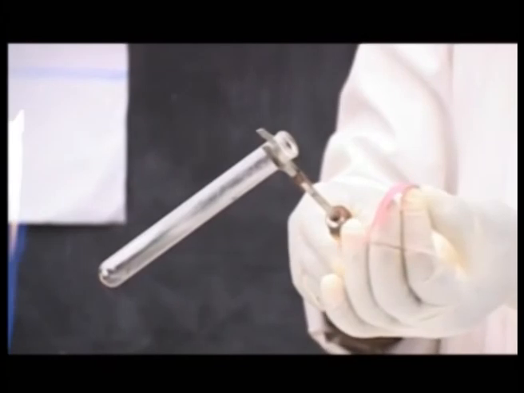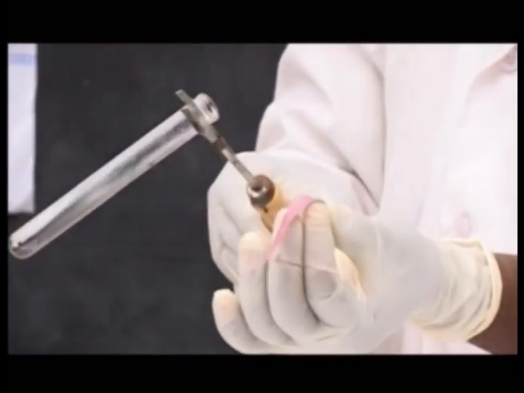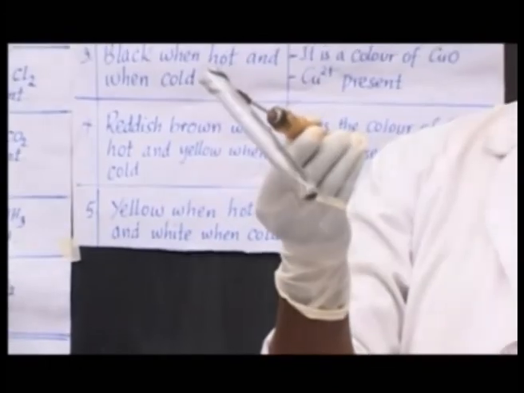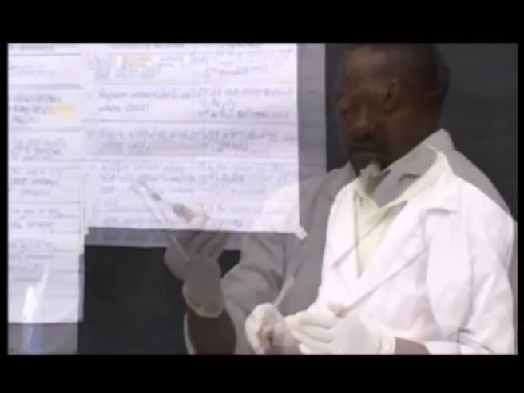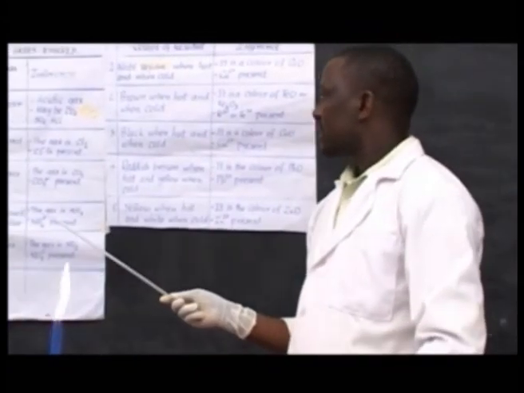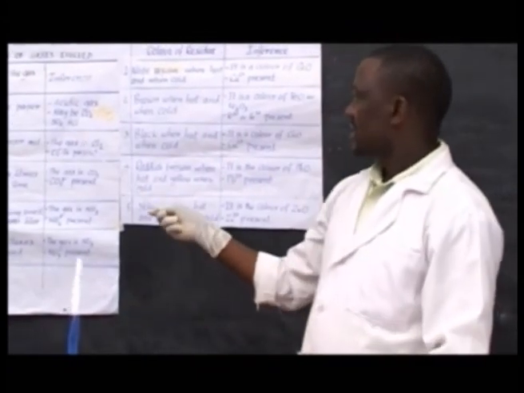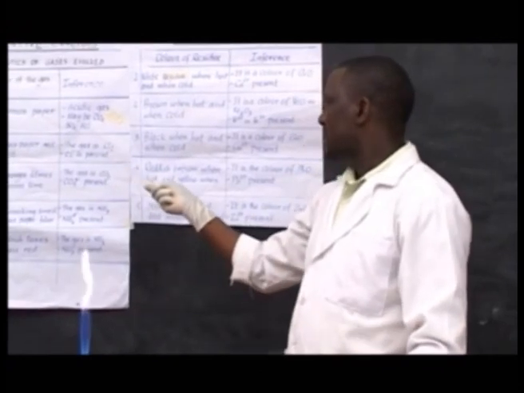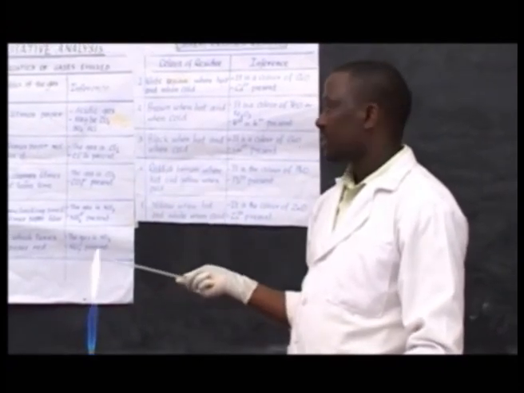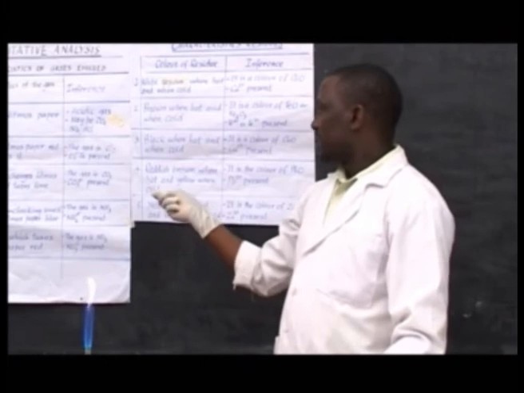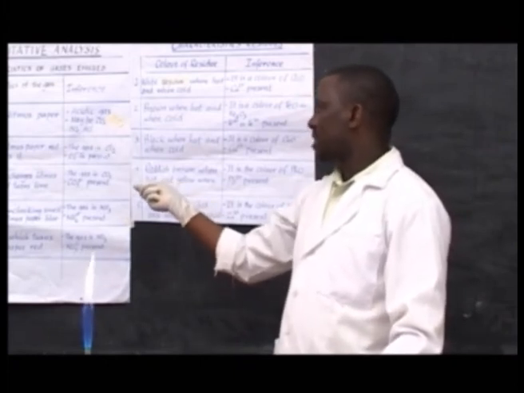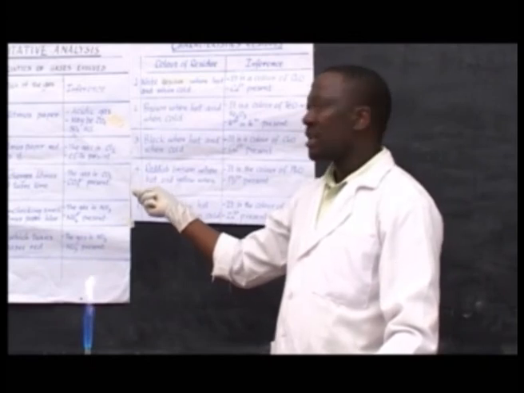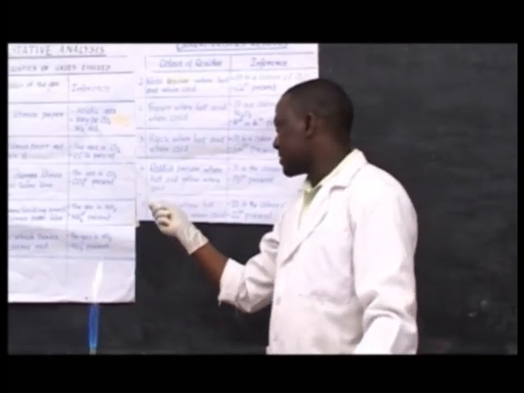This observation suggests that the gas evolved is acidic gas. It is either carbon dioxide gas, sulfur dioxide gas, or hydrogen chloride gas.